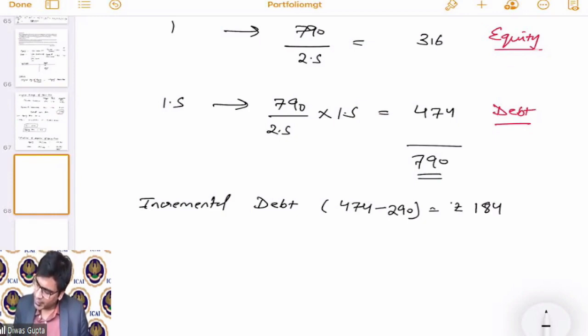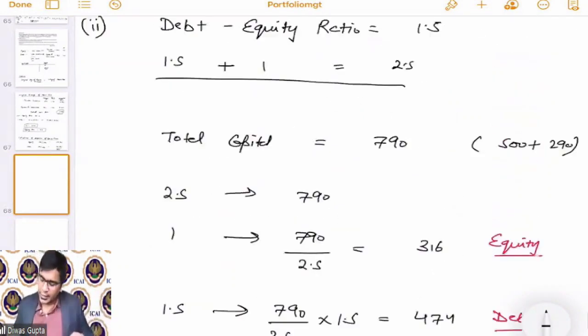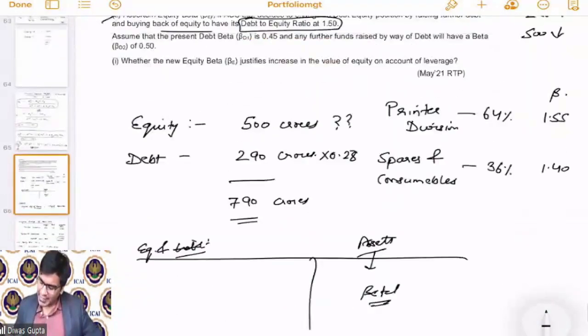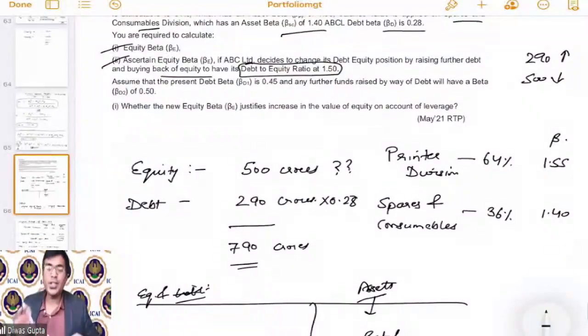So rupees 184 crores is the incremental debt issued and the equity share capital bought back. The buyback of equity share capital is 184. Now we have analyzed the situation that is given in the question.